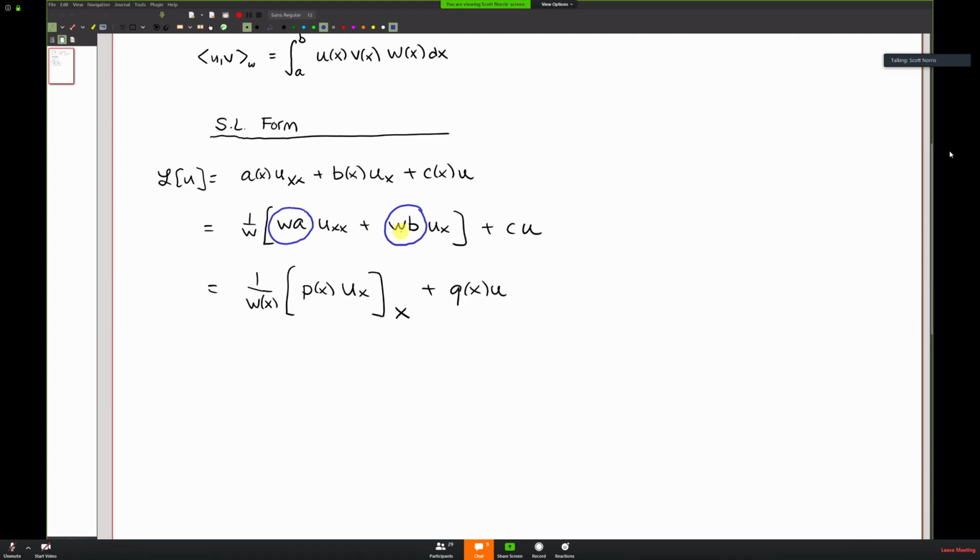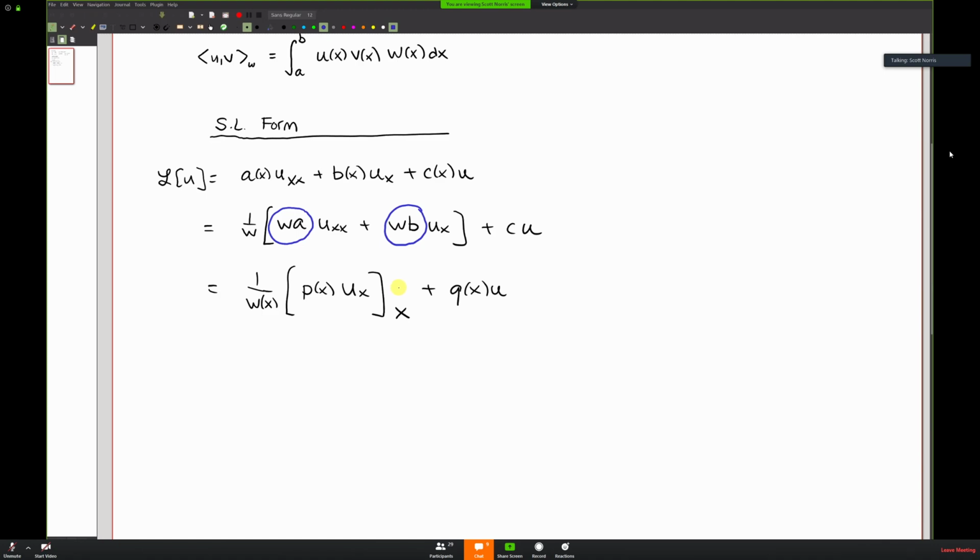To deal with non-self-adjoint problems, you just find the weight function, and then you're good to go. You deal with everything the same way as you did before. In fact, you can look back on all the problems we did in chapter 2 with the operator uxx and say, oh, this was just the case where the weight function equals 1. You don't even have to think of two different cases.